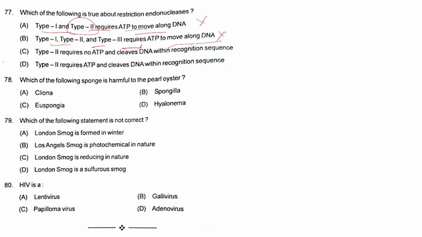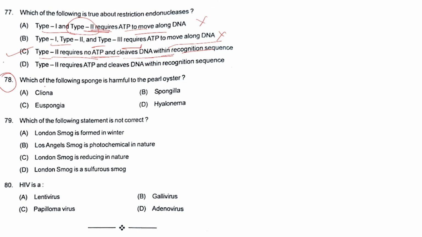No, this is wrong because type 2 does not require ATP. Next, option C: type 2 requires no ATP and cleaves DNA within the recognition sequence. So this is correct, because type 2 requires no ATP and it cleaves the DNA within the recognition sequence. So the right answer will be option C.